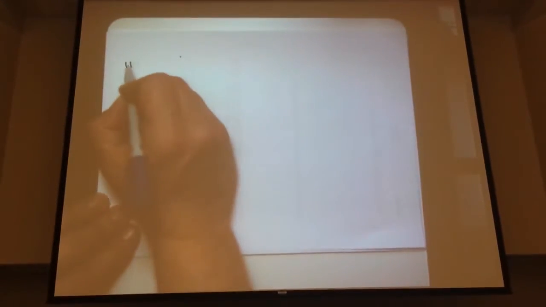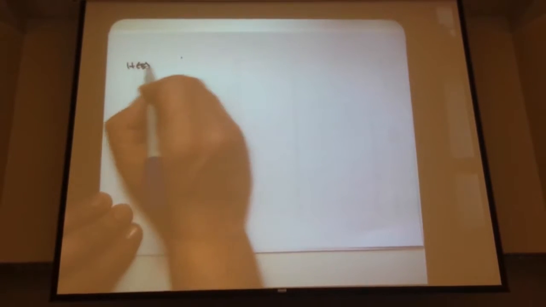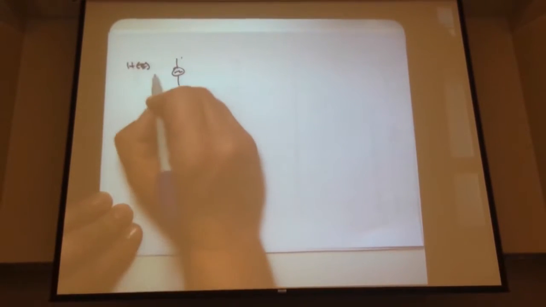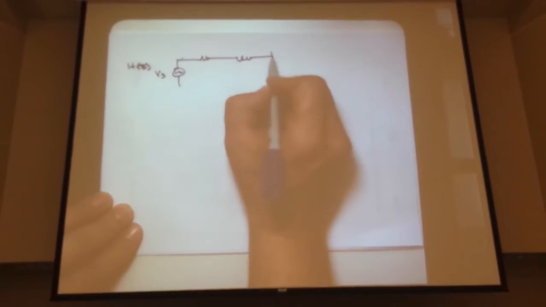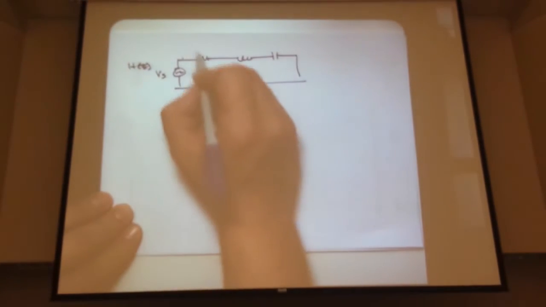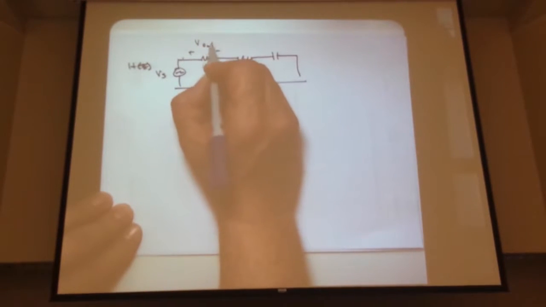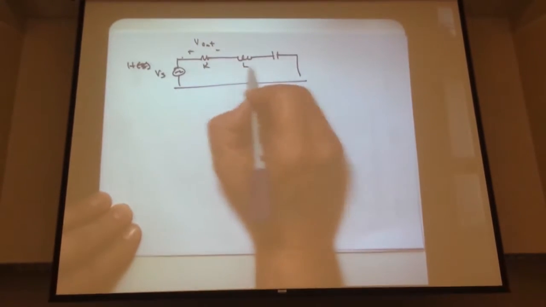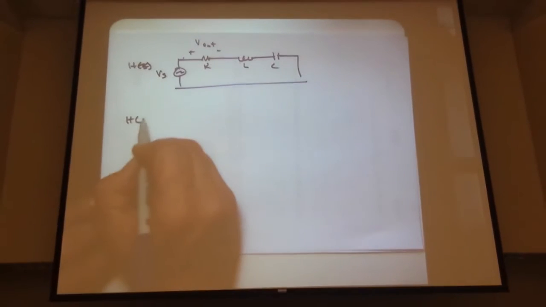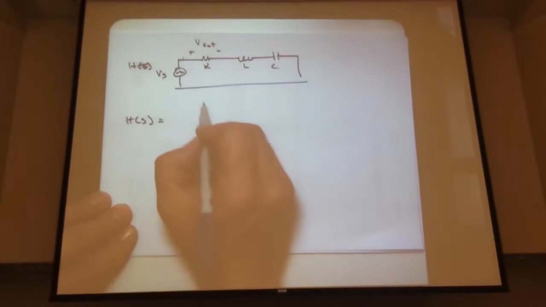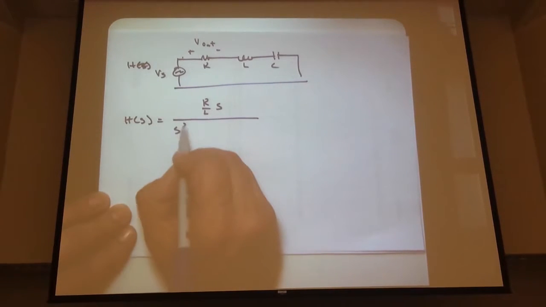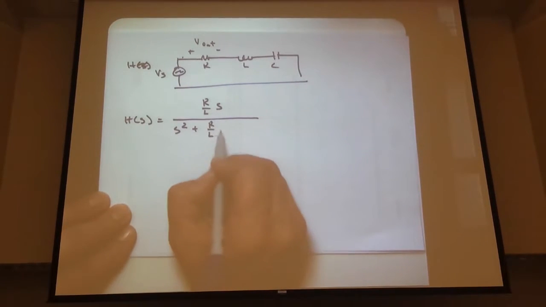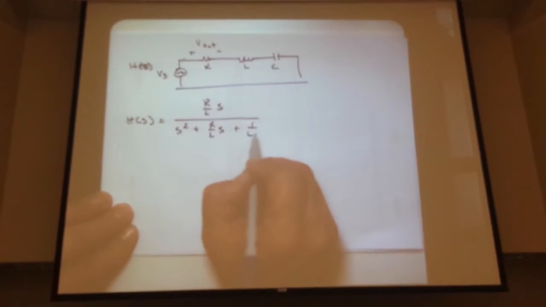We can look at the resistor. Plus minus V out. And H of S in this case winds up being R over L, S squared, R over L, S, plus 1 over LC.